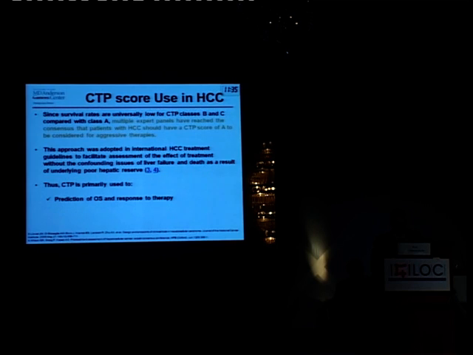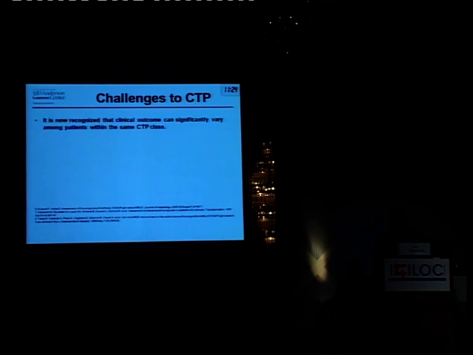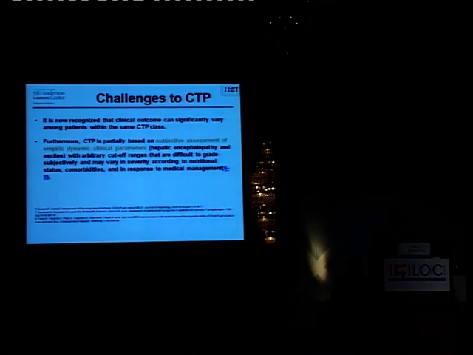To sum it up, it's primarily used to predict survival and response to therapy, to guide therapy decisions and stratify patients under staging systems. So what are the challenges? One of them is that the outcome can vary among patients within the same stage. We all have treated patients with Child-Pugh A, and some of them fail right after the treatment, whether this is systemic therapy or local or even surgery.